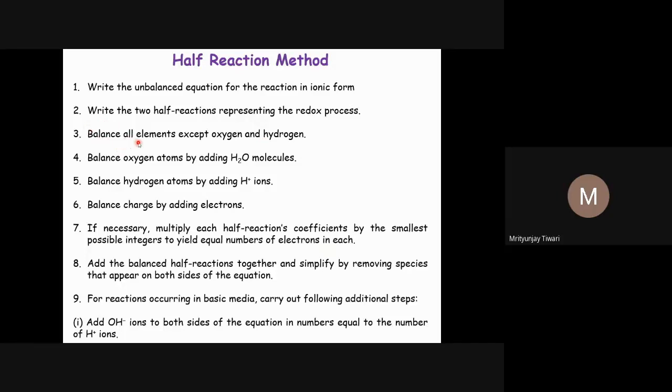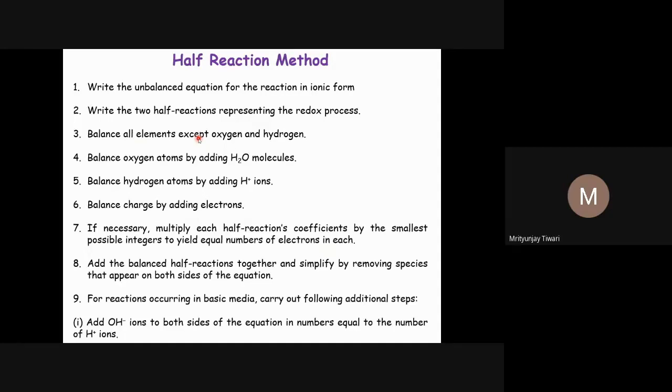Then, in the third step, balance all elements except oxygen and hydrogen. At this step, we won't care whether oxygen and hydrogen atoms are balanced or not. Why?